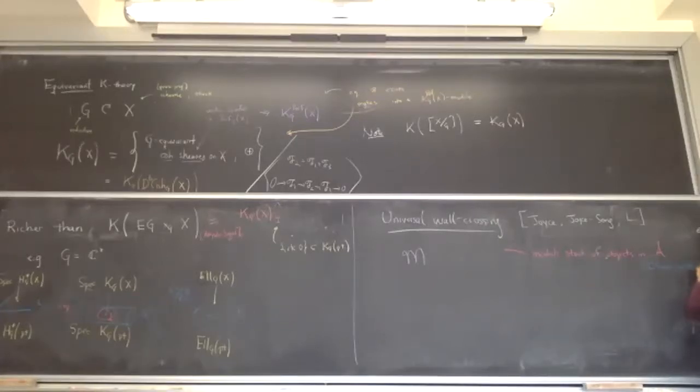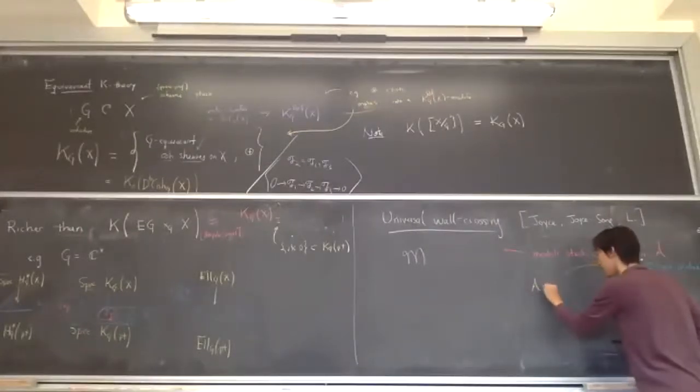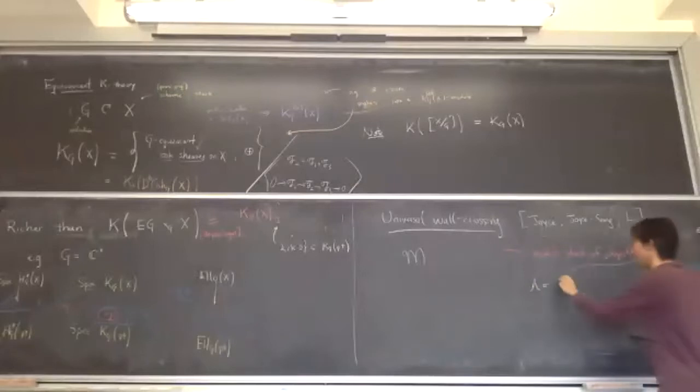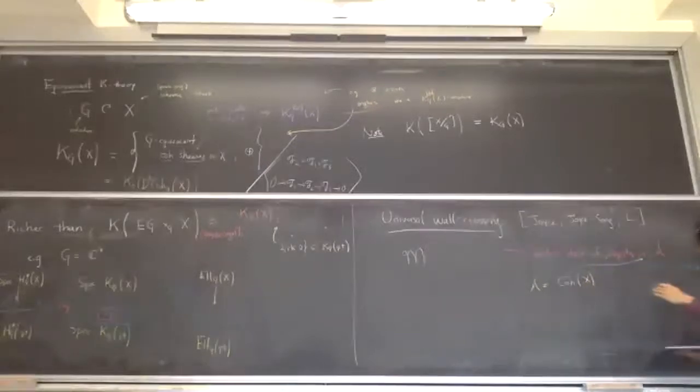It's possible that there might need to be more words here, but I don't really want to think in terms of something so general. So what we'll actually do is, you should keep in mind that A, for most intents and purposes, you can think of as the category of all coherent sheaves on some space X.